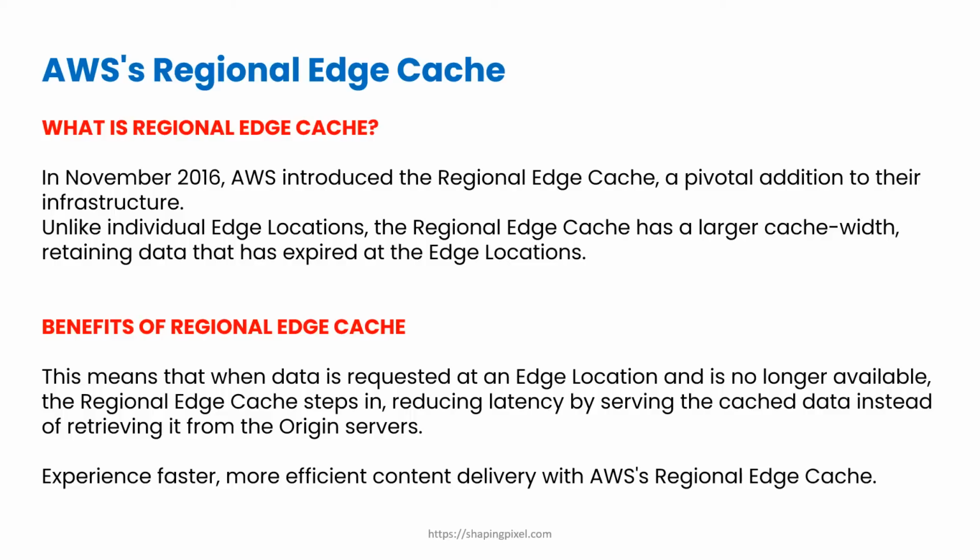So the benefit of the regional edge cache is that when data is requested at an edge location and is no longer available, the regional edge cache steps in, reducing latency by serving the cached data instead of retrieving it from the original servers. Experience faster, more efficient content delivery with AWS Regional Edge Cache.